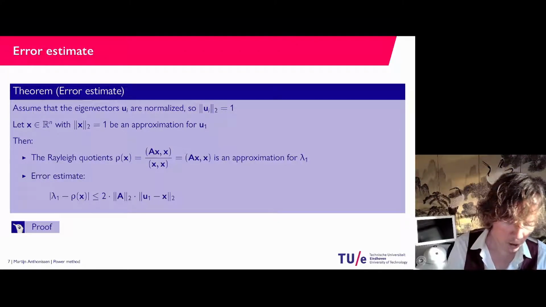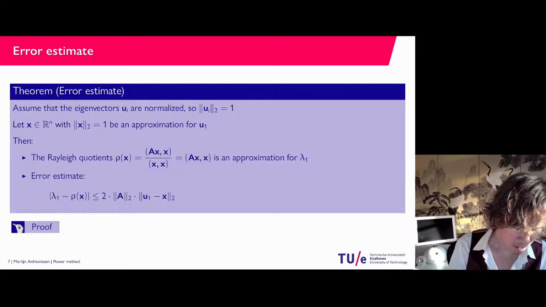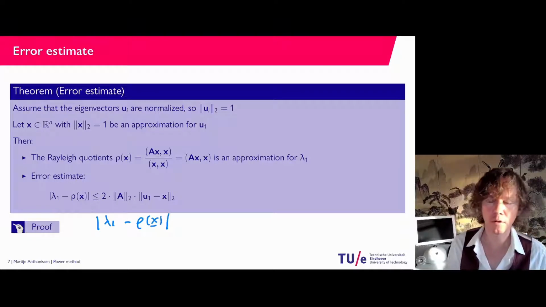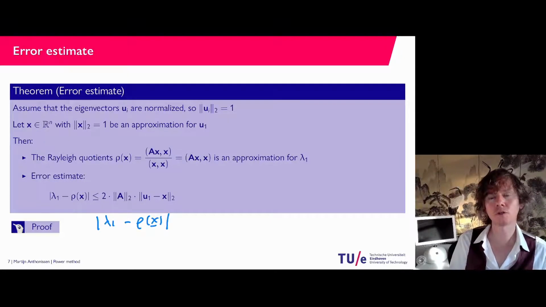I would like to say something about the difference between lambda 1 and rho of x. And as so often, what I do is I introduce a term and then use the triangle inequality.